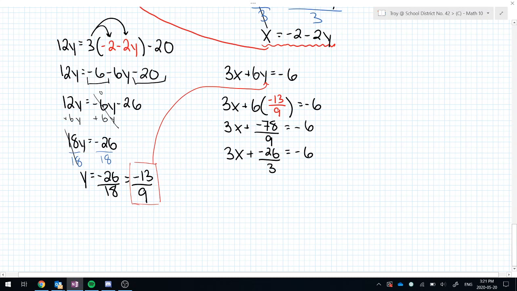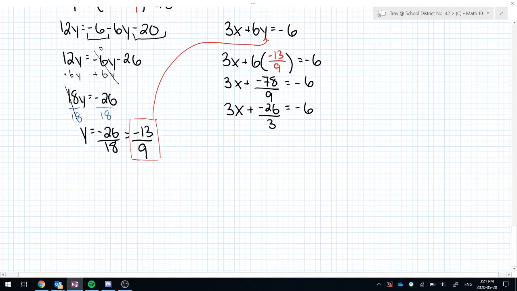Okay, so then I'll subtract the negative 26 over 3 on both sides. So then you get negative 6 minus negative 26 over 3.